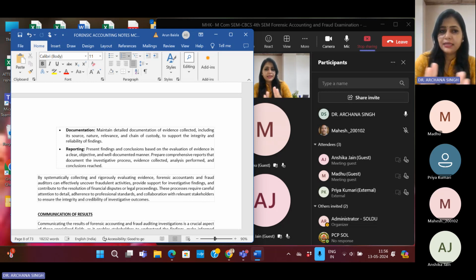They had to prepare a comprehensive report, not a brief one, that documents the investigation process, the evidence they had collected, the analysis they had performed, and the conclusions they had reached. Everything in that report should be discussed and well documented.